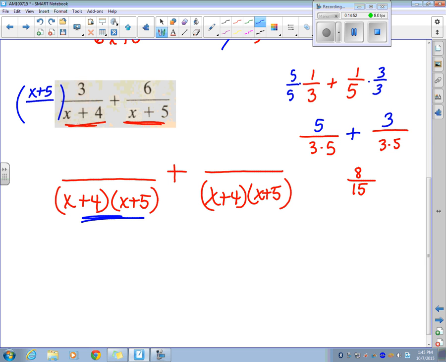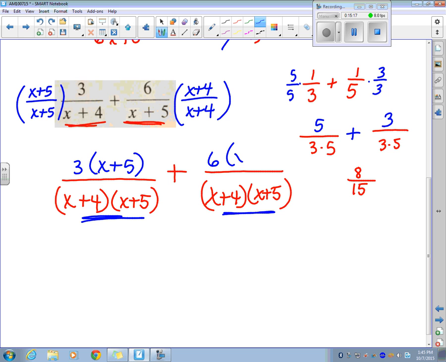I'm going to multiply this by 1, x plus 5 over x plus 5, and that's going to be my new numerator. What did I multiply this one by to get the new denominator? x plus 4 over x plus 4. So this now becomes 6 times x plus 4.